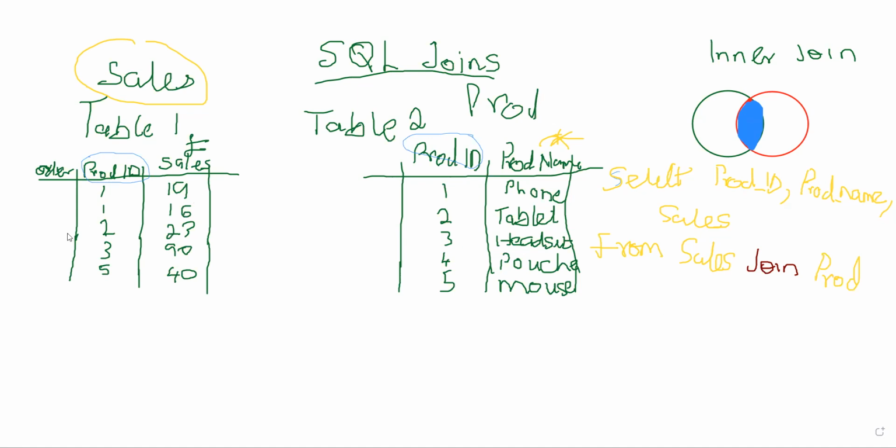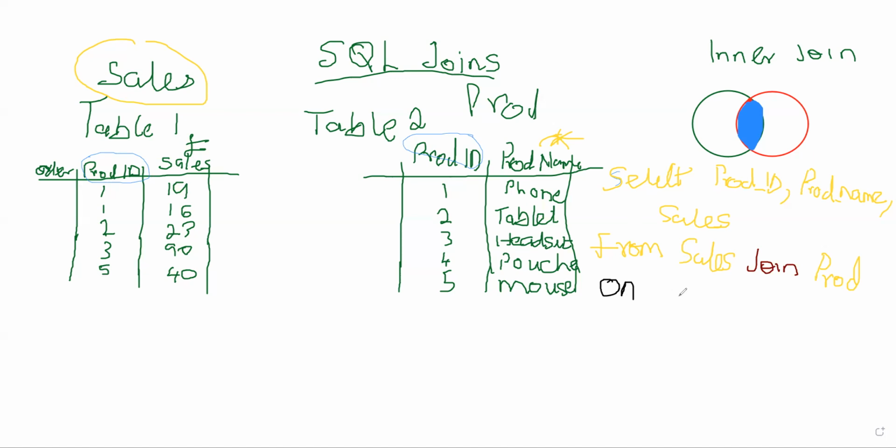So what happens here is you said I should pick this column from this table, join them on this table, but there has to be a point of communication. And what is that point? We use the word on. So on what?